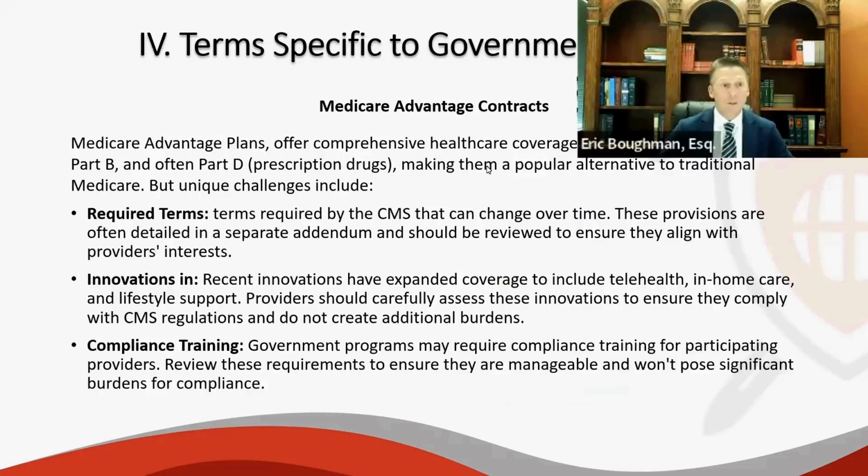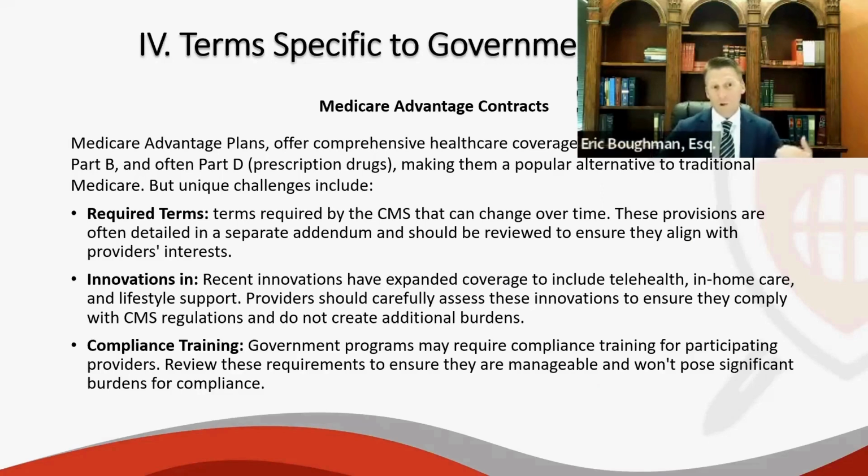I want to just point out that sometimes on some of these contracts, both state and federal, you'll have standards from CMS, or in Florida, you'll have standards from ACA that have to be incorporated into the contract. You want to make sure that if there are state or federal standards, the contract aligns with those standards and is something that you can perform, and it's not more onerous or more stringent than what the standards are.